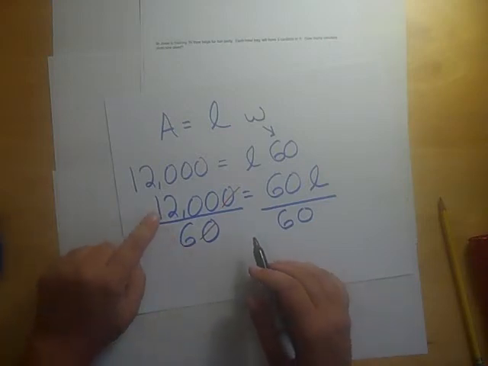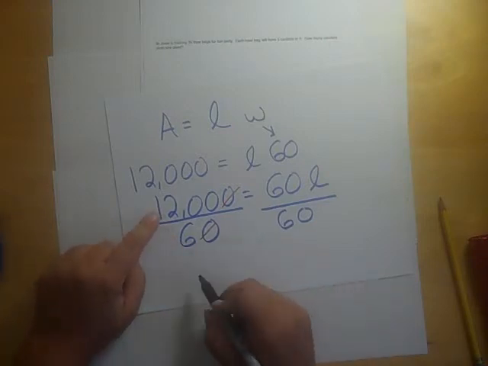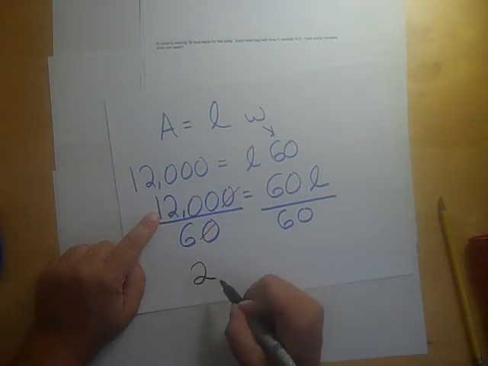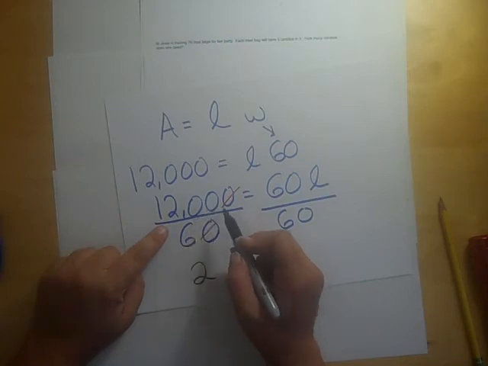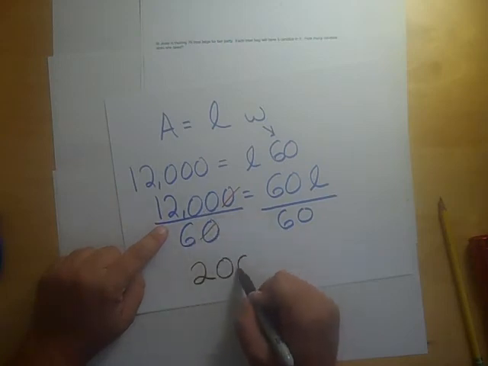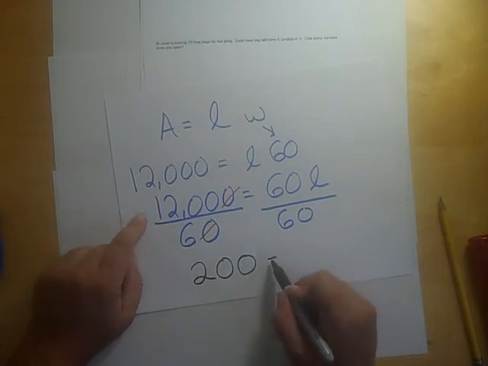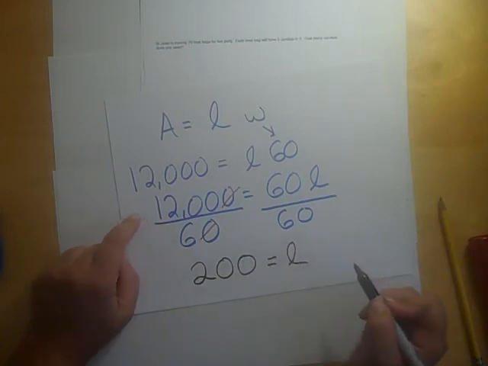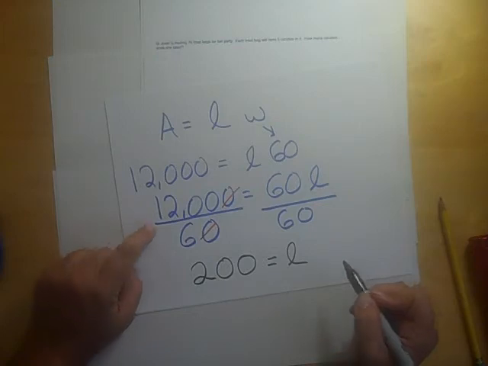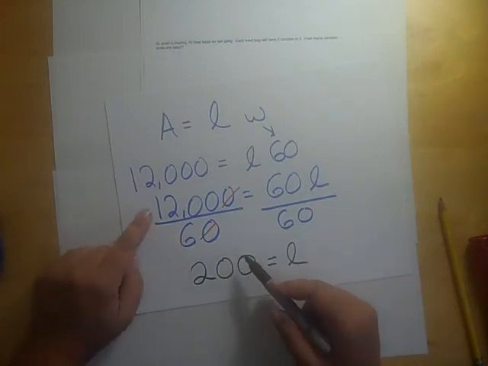Well, 6 times what is 1,200? Maybe 6 times 2, right? And then how many zeros do we need? 2 zeros. 200 equals L. Okay, and let's make sure. Is 60 times 200 12,000?